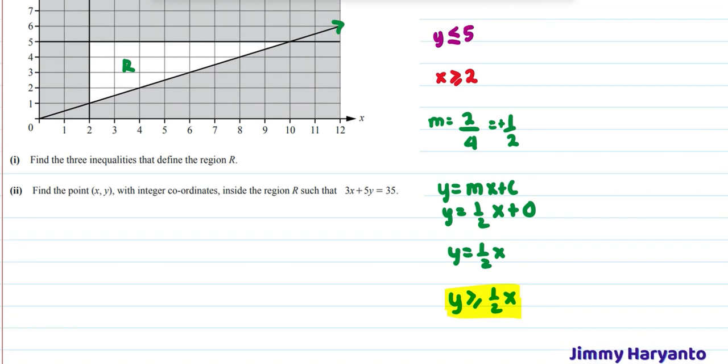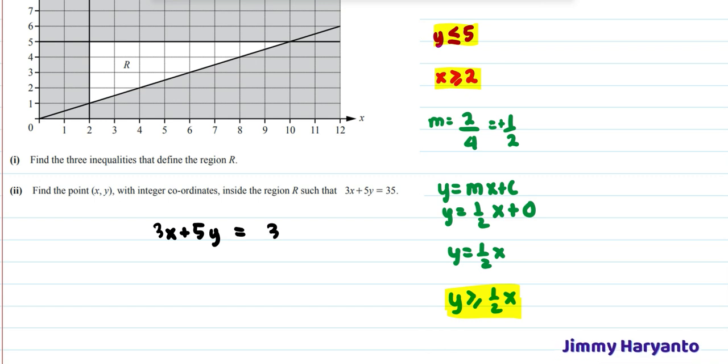Okay guys, so we already have all of the inequalities, and then we only have to answer the questions II. For the questions II, as usual, you have to find the point x, y inside subject. Oh, my bad. This one is not just like usual. This is different. Yeah, because we have to choose which one makes the value of 3x plus 5y equal to 35.